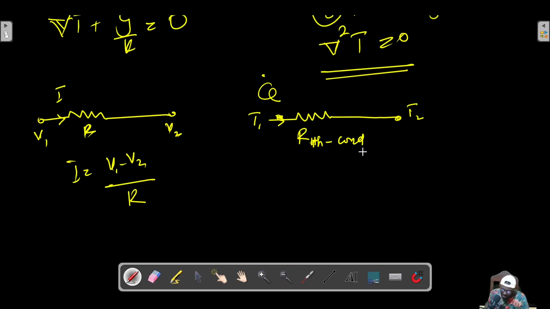Now, what will be the thermal resistance for a material when we have a conductive heat transfer? What will it be?